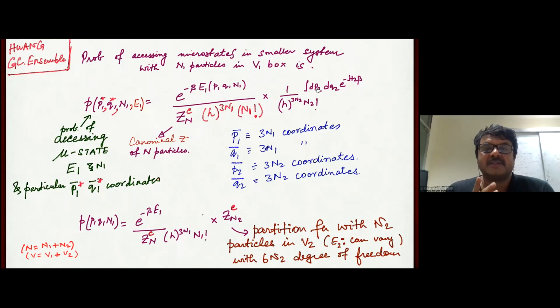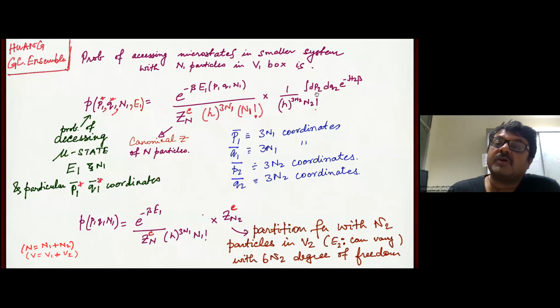Then you integrate. So here, what is being done is, just like for the canonical ensemble, the probability is going to depend upon all the microstates available to the reservoir, and the reservoir is represented by the Hamiltonian H2.